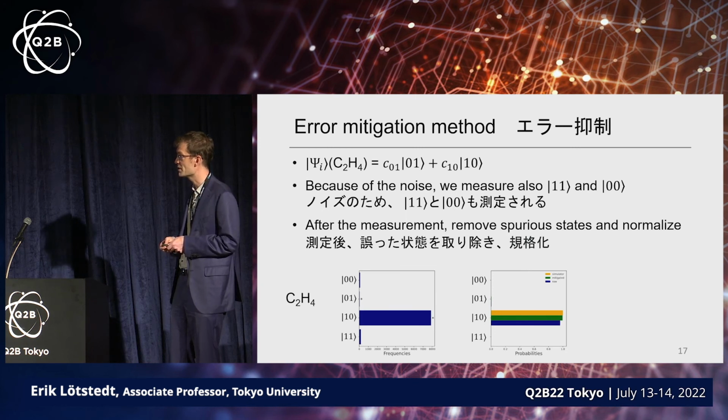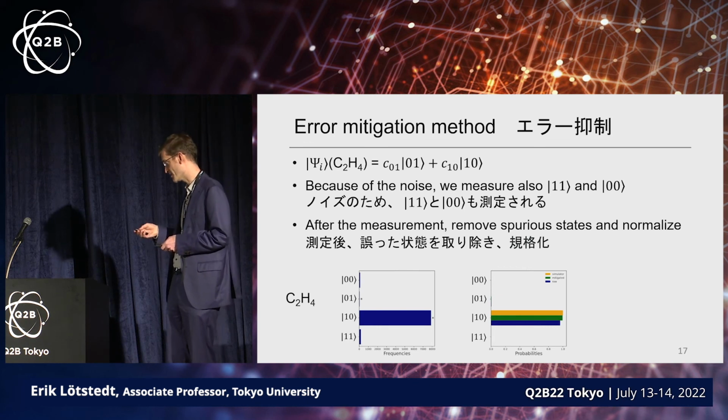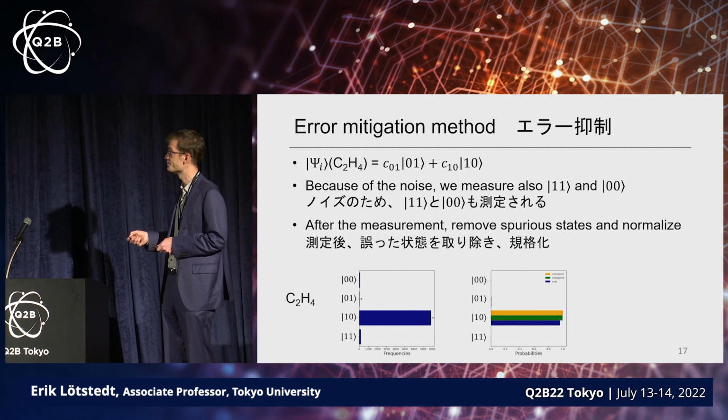We should not get 0, 0 and 1, 1. But we still get some small probabilities here for 1, 1 and 0, 0. So in this case, the error mitigation is just that we throw away this one, and this one, and normalize again. And then it becomes a little bit better.